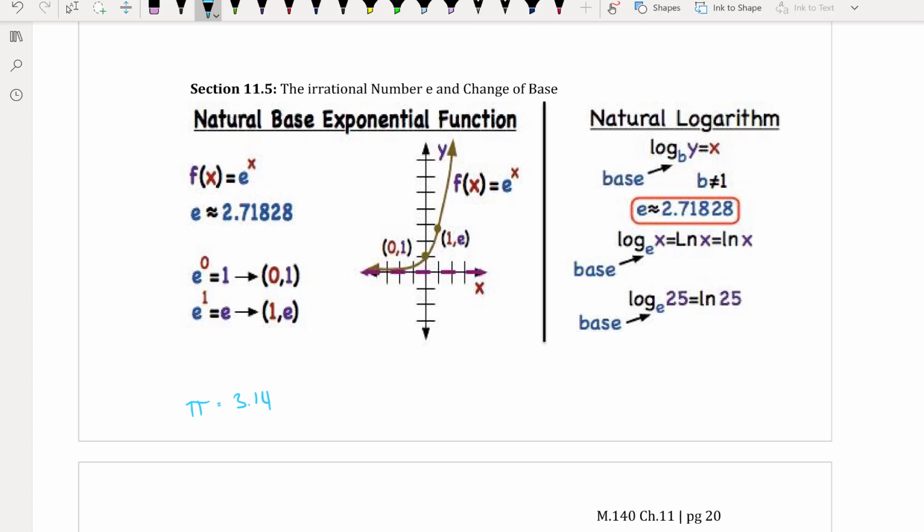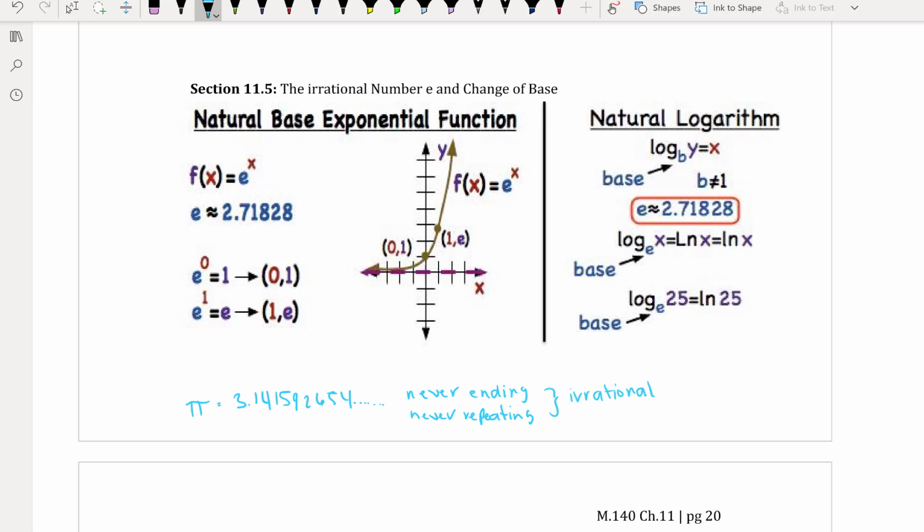If you plug it into your calculator, it's 3.14159264. And the truth with pi is that it's never ending, never repeating. And for these types of numbers that are never ending and never repeating, we call them irrational.